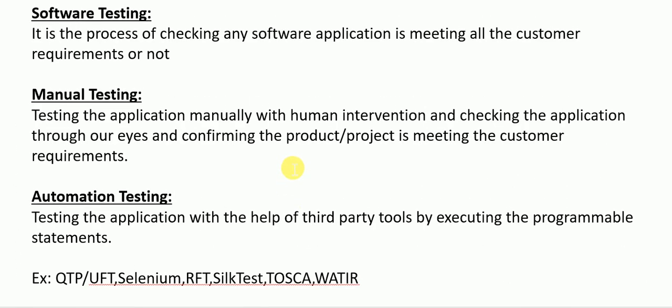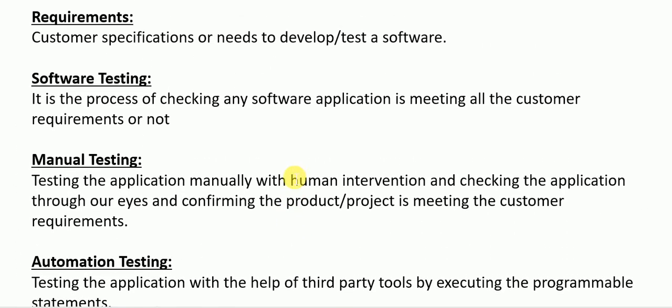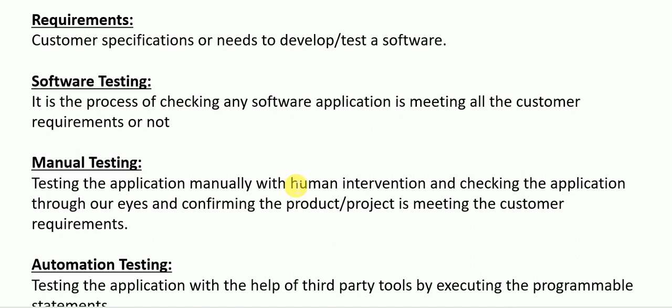So in software testing, first we started with requirements. Requirements are the specifications provided by the client. Software testing is nothing but testing the software application to check whether it meets all the client specifications or not. Manual testing is testing the application manually, by seeing with our eyes whether it is working correctly or not.